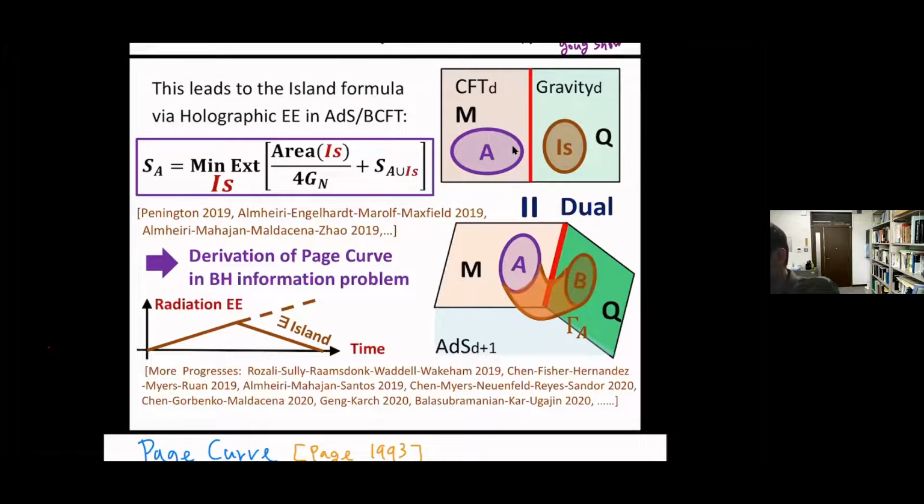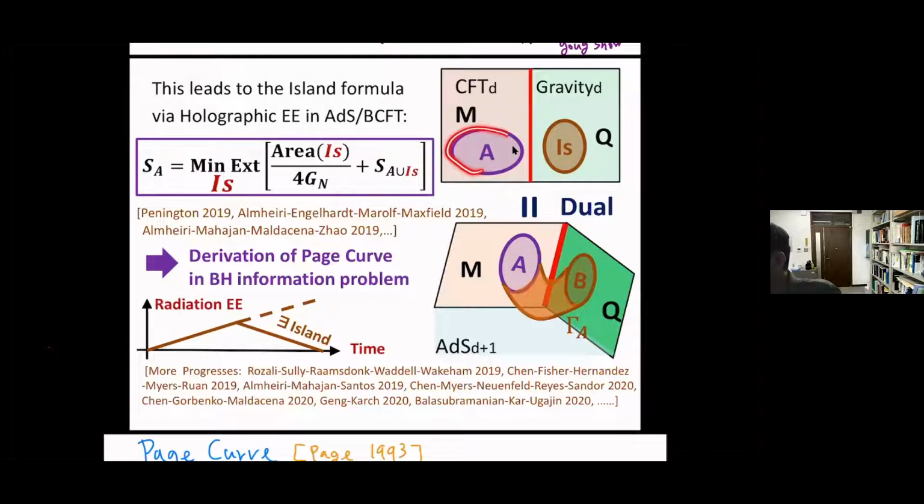The island formula says we have some CFT coupled to gravity, both in D dimensions. We define a subsystem A in the CFT. We don't want to introduce a subsystem in gravity. Maybe it's possible, but let's avoid it to make everything clear. So we just introduce subsystem A in the CFT.